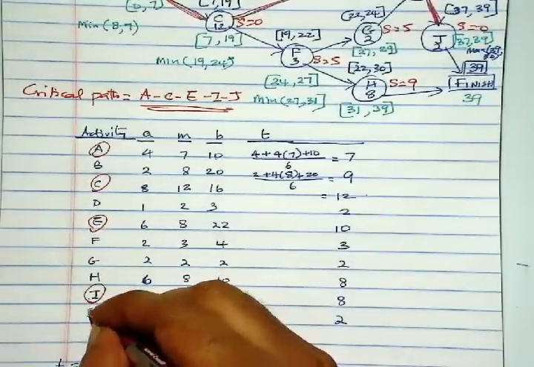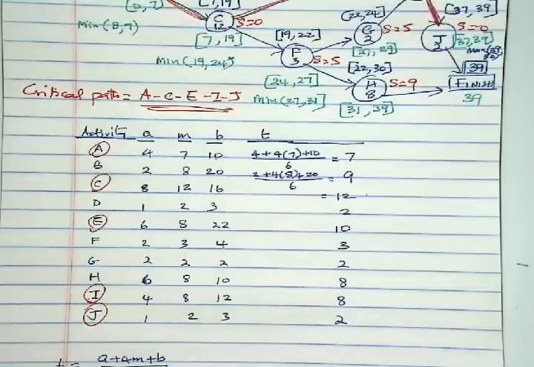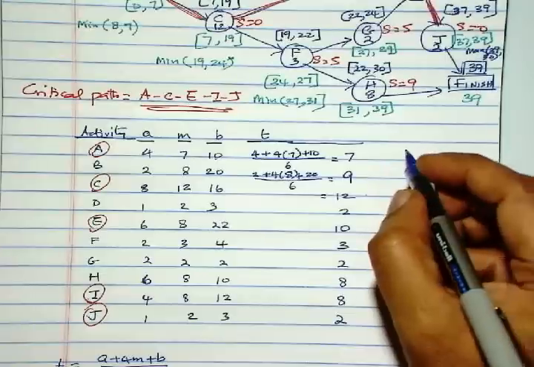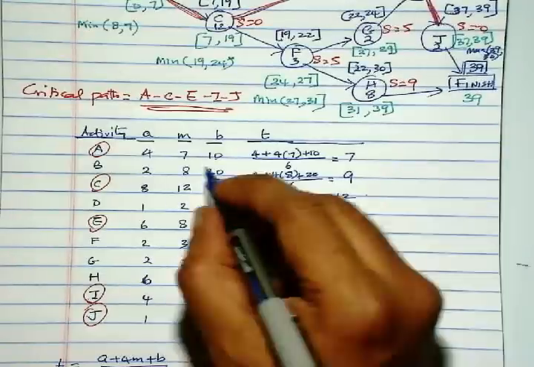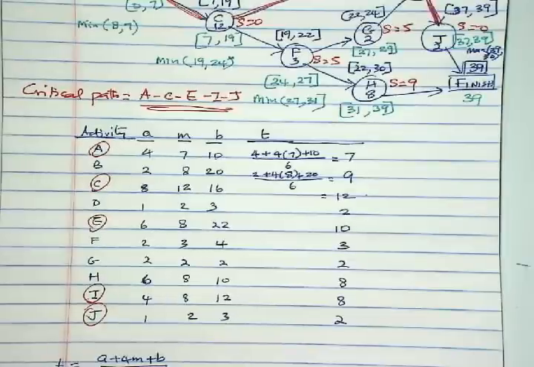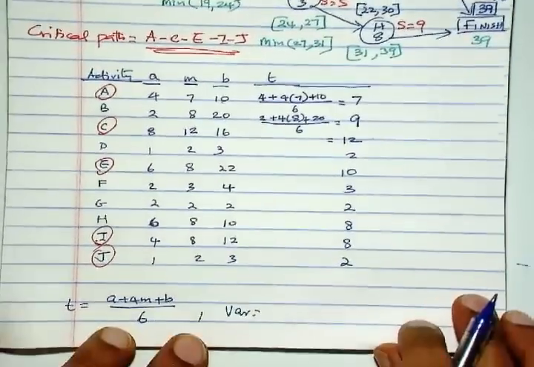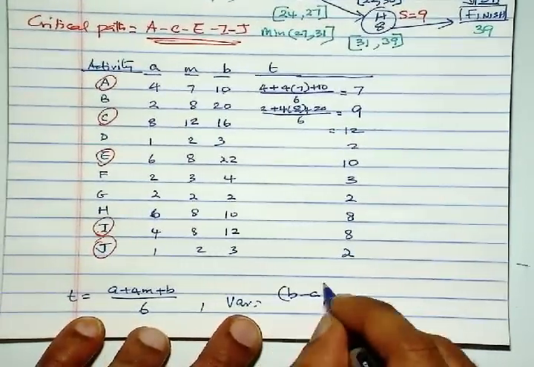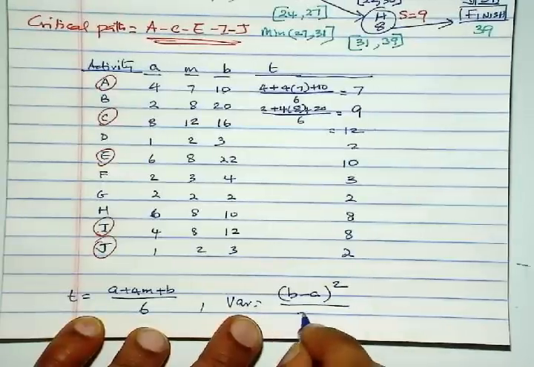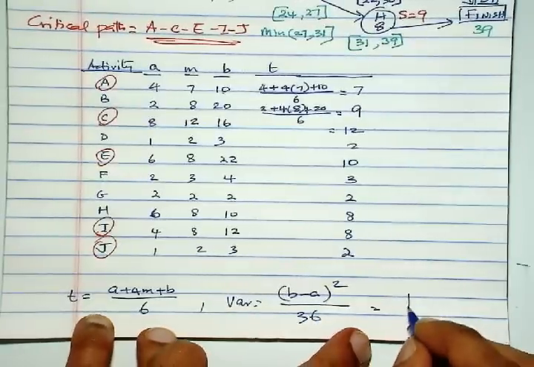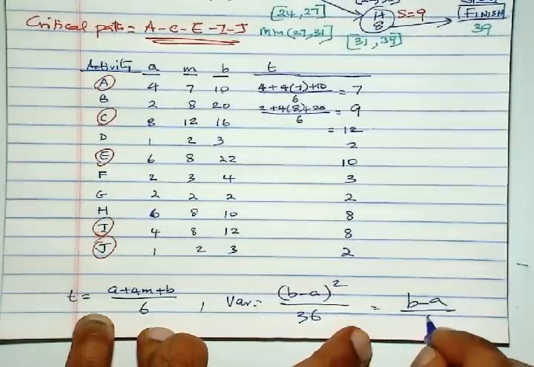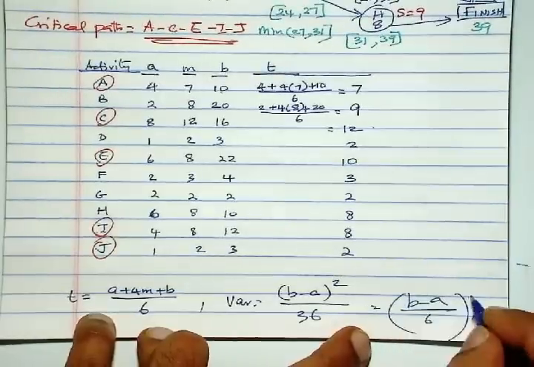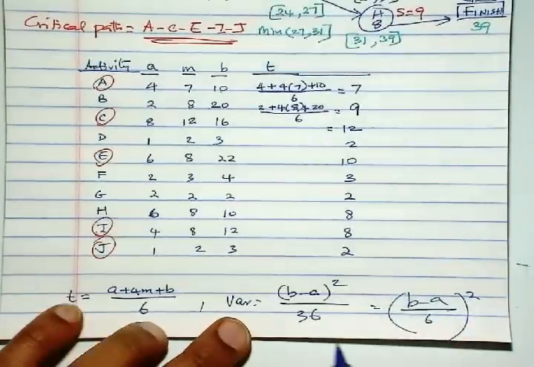So you get 10 minus 4 squared over 36. So that is 36 over 36. The next one is C. So 16 minus 8 squared over 36. So that will be 64 over 36.